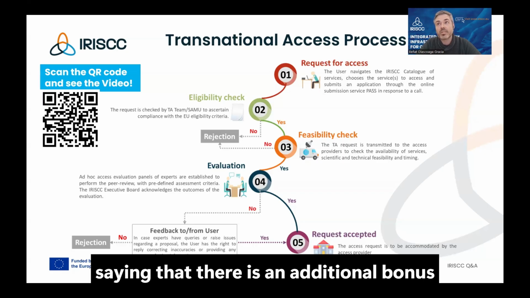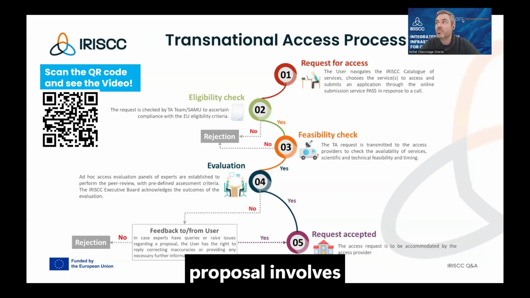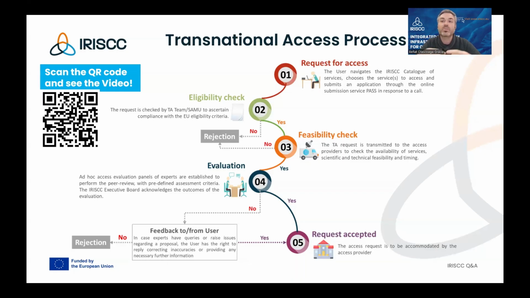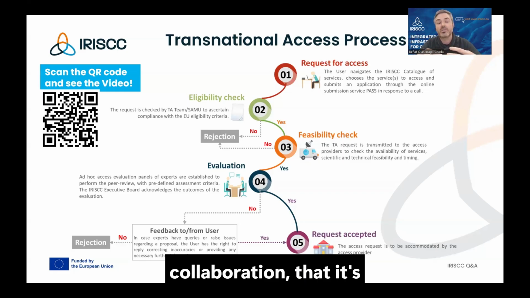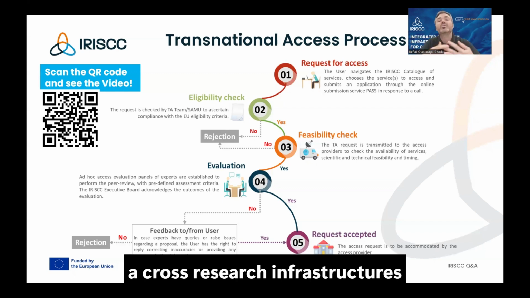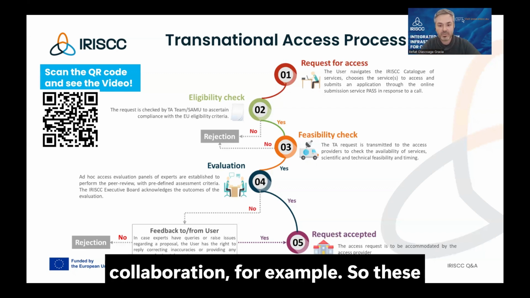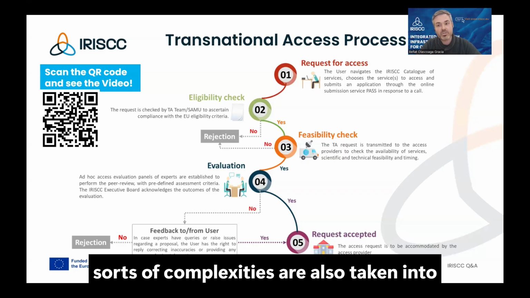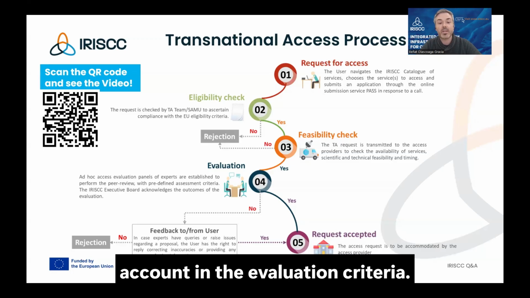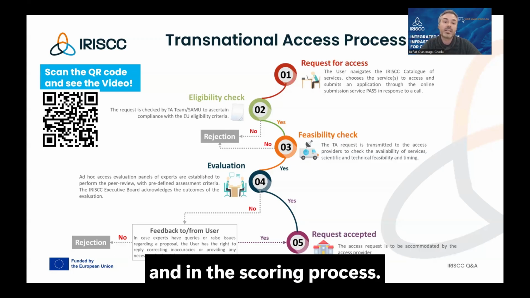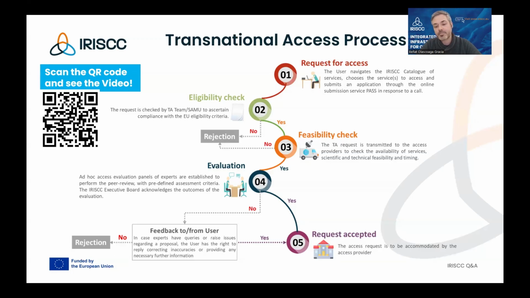There is also an additional bonus section, for example, if your proposal involves collaboration, such as cross-research infrastructures collaboration. So these sorts of complexities are also taken into account in the evaluation criteria and in the scoring process.